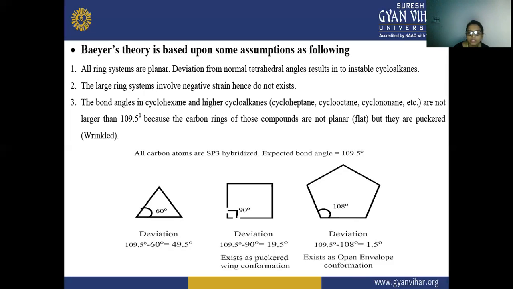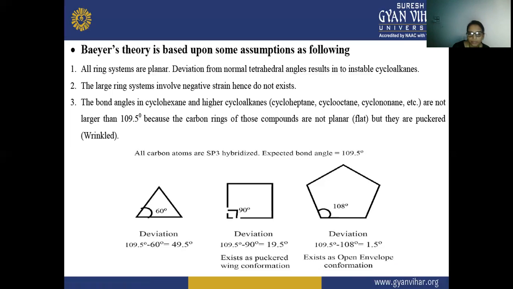So here you can see that all carbon atoms are sp3 hybridized, and the expected bond angle is 109.5 degrees. Three examples are given: cyclopropane, cyclobutane, and cyclopentane. 1, 2, 3, 4, 5. Sorry, this is cyclopentane, this is cyclobutane, and this is cyclopropane.